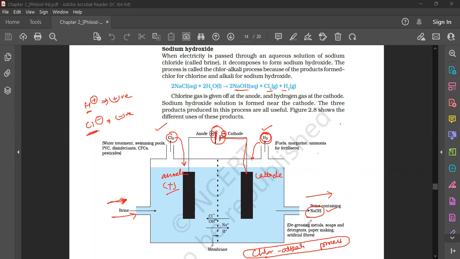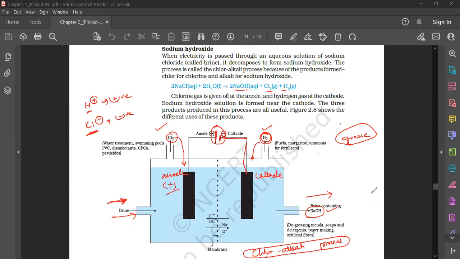So what is the use of NaOH then? It is used in the degreasing of metals. You know the grease, right? To reduce the friction, we use it in vehicles wherever the joints or bearings are there. So NaOH will be used to degrease the metals.